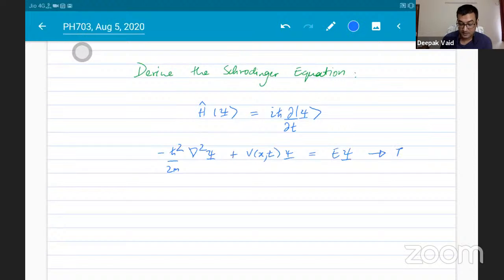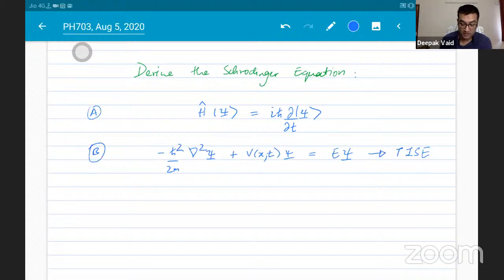This is the time independent Schrodinger equation for a single particle. But the most important difference between these two, A and B, is that A is very general.